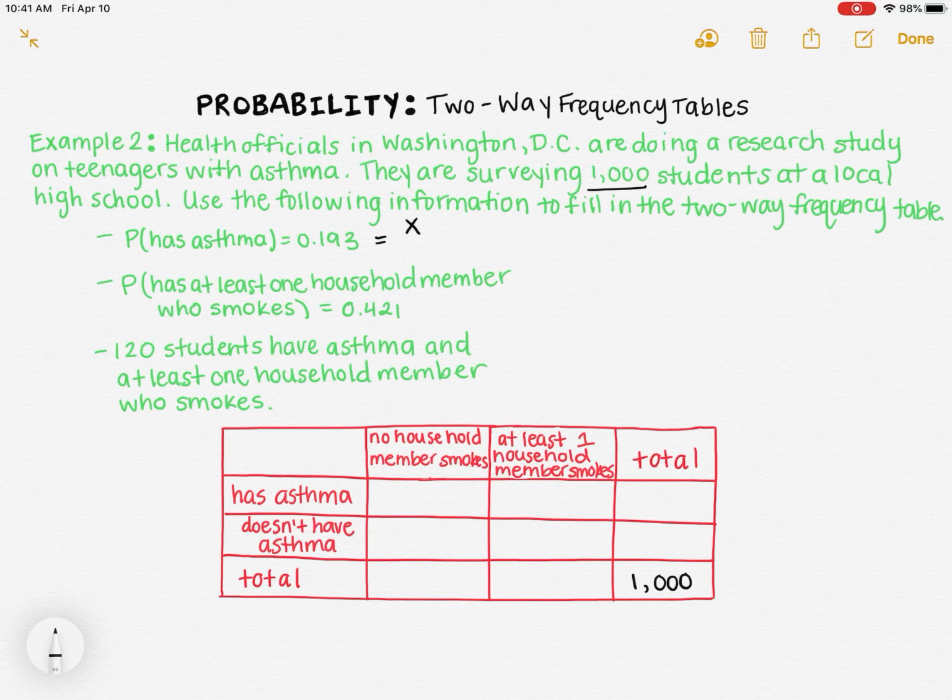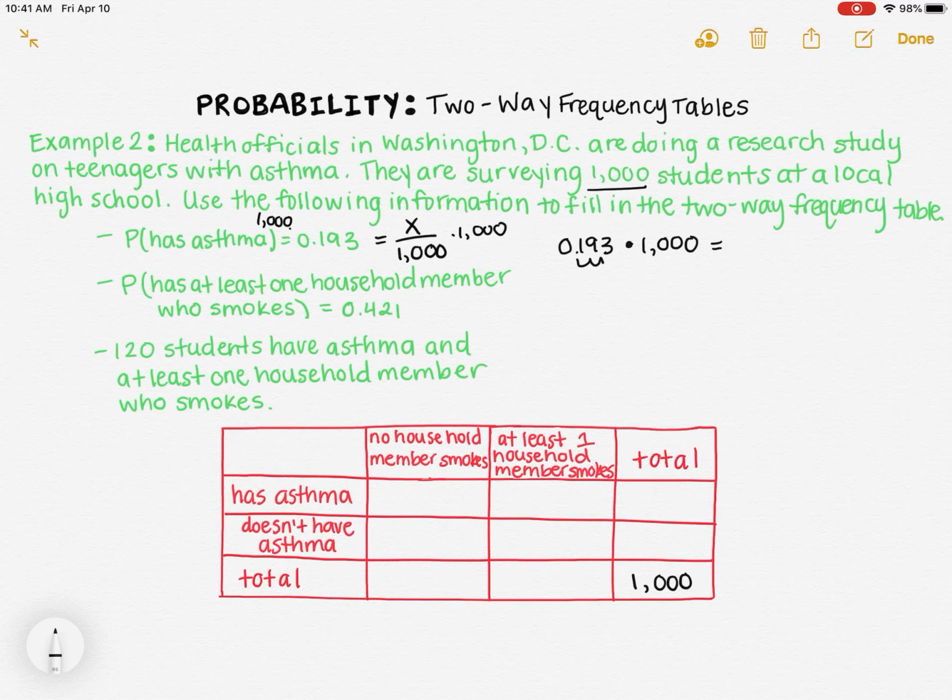So if I'm given the probability, I need to work backwards. So this decimal is equal to the number in the box divided by the total, which in this case is 1,000. Last time it was 80. Now it's 1,000. So to find that number x, like what's the number in the box, I need to multiply by 1,000 to solve for x. So I'm really just going to take 0.193, multiply by 1,000, and that will give me the number that goes in the box.